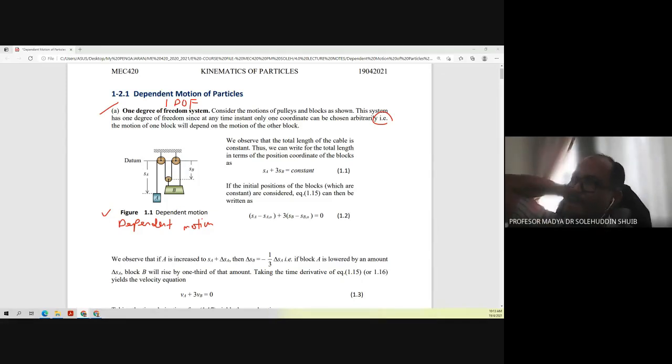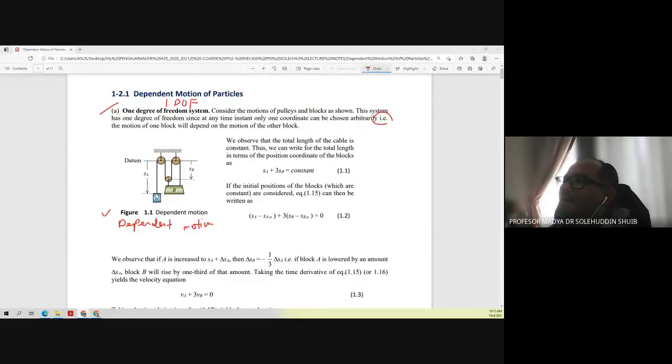We observe that the total length of the string, or the rope, goes here, goes to B, and then goes up. We have three pulleys, and the total length of the wire or cable we can write as SA plus, how many B?